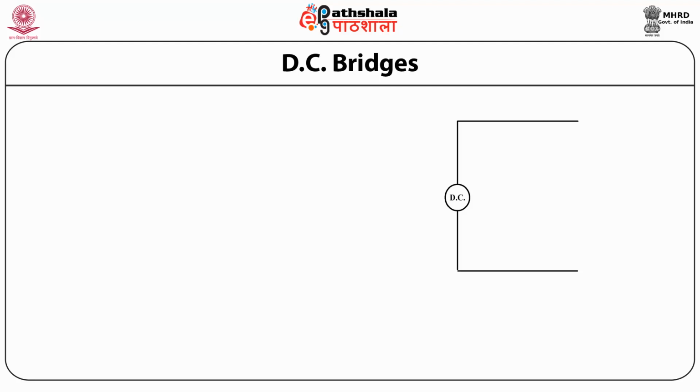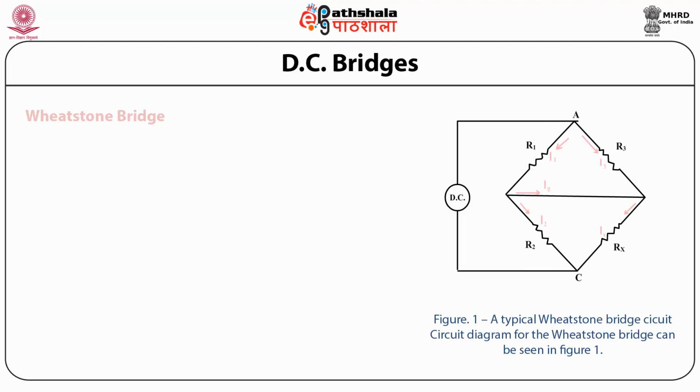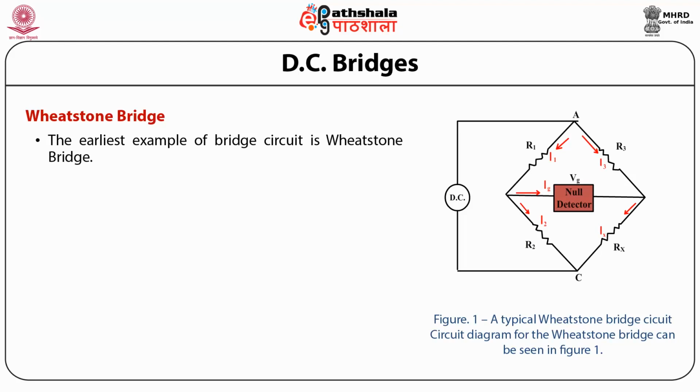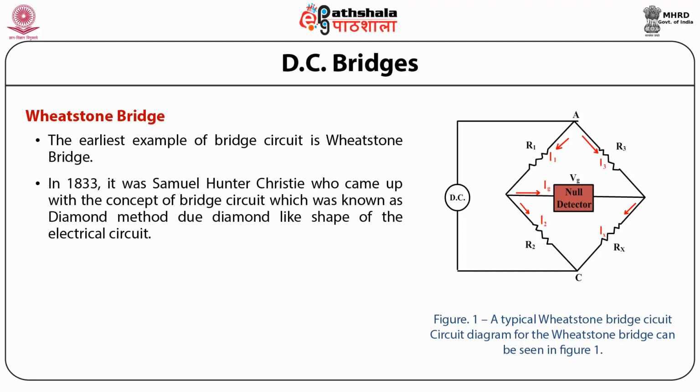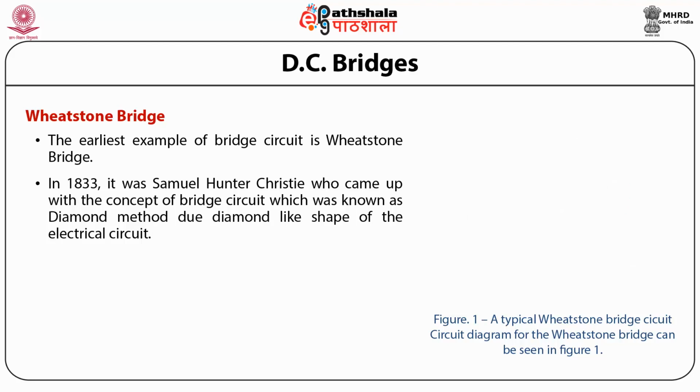DC bridges. Now we will look into the Wheatstone bridge. The earliest example of a bridge circuit is the Wheatstone bridge. In 1833, it was Samuel Hunter Christie who came up with the concept of the bridge circuit, which was known as the diamond method due to the diamond-like shape of the electrical circuit.